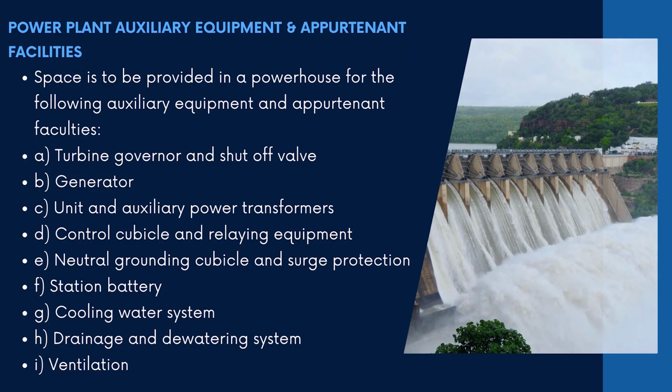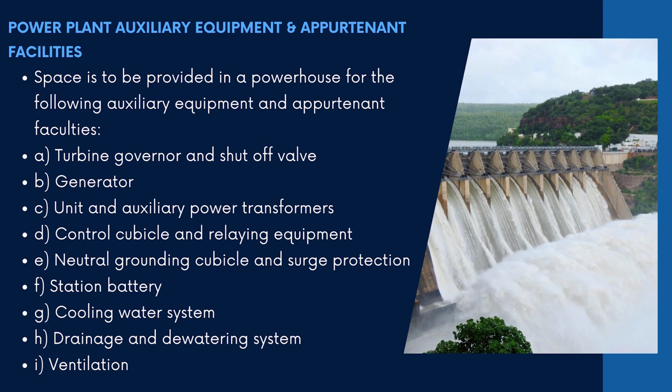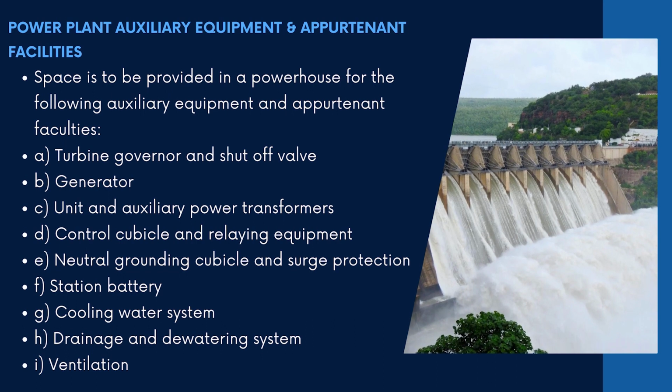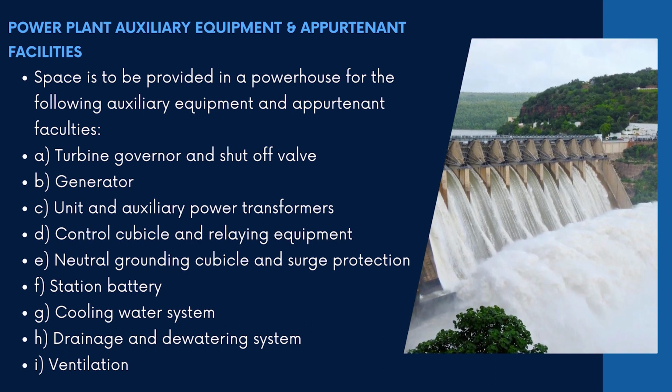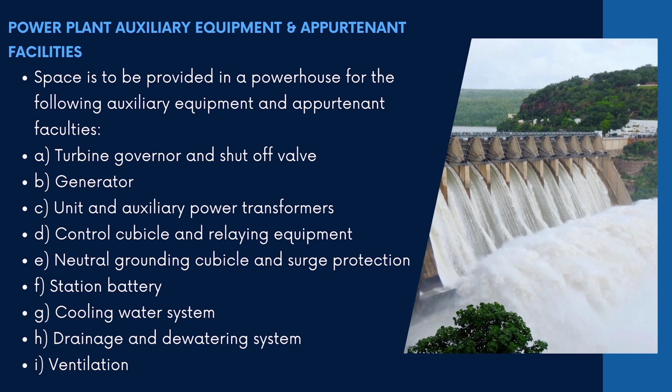Now, we will go for some separate discussion under the heading power plant auxiliary equipments and appurtenant facilities. Space is to be provided in a powerhouse for the following auxiliary equipment and appurtenant facilities.